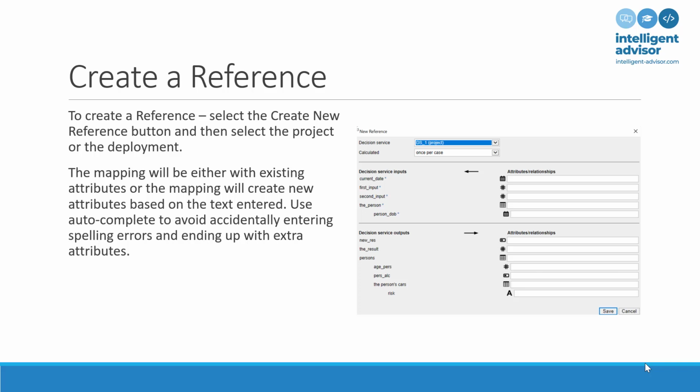The vocabulary that we saw in decision services reappears here, so that if I am mapping my decision service to an entity in Oracle Policy Modeling, I will need to change that property to refer to my entity. Underneath, we can see the contract, the decision service inputs, current date, first input, second input, and so on, and the decision service outputs, new res, the result, and so forth.